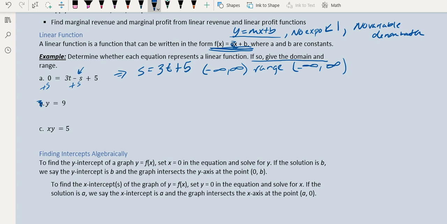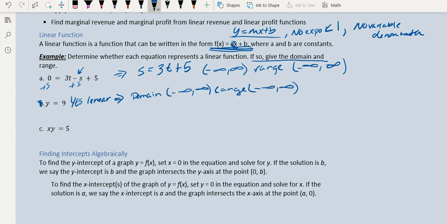It doesn't have the ax there. So this is a linear function. So yes, linear. Since this is a linear function, my domain would be from negative infinity to infinity, and my range, as I stated previously, would be from negative infinity to infinity.